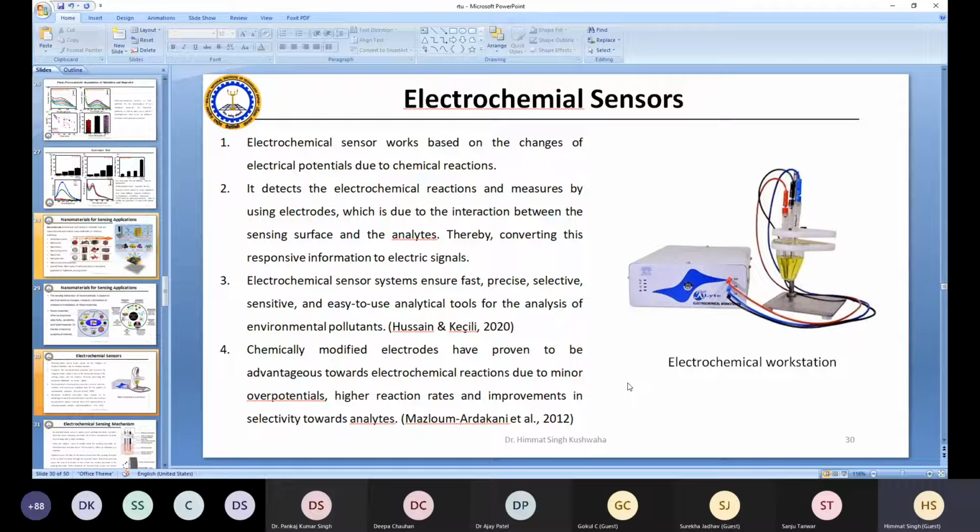Due to the interaction between the sensing surface and analytes, oxidation and reduction reactions occur, and they generate an electrical signal. These electrochemical systems have high selectivity and rapid response, and the main advantage is that they are easy-to-use tools for the analysis of pollutants.